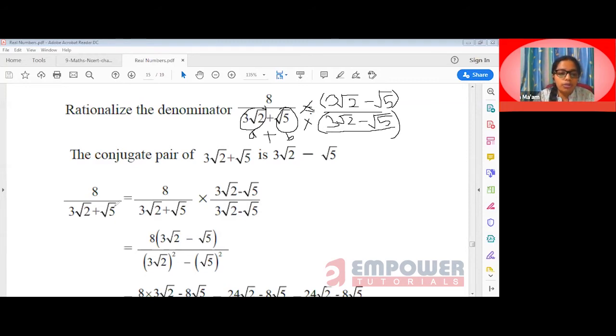Okay, so see, this is what you will get. You will get 8 into the bracket 3 root 2 minus root 5, and this is the a plus b form, right? And this is the a minus b form. Okay, so this will be the a square minus b square form.